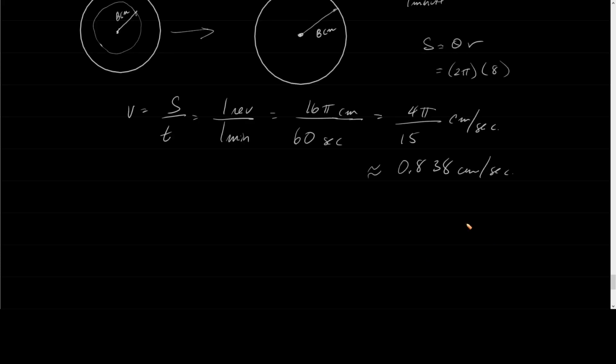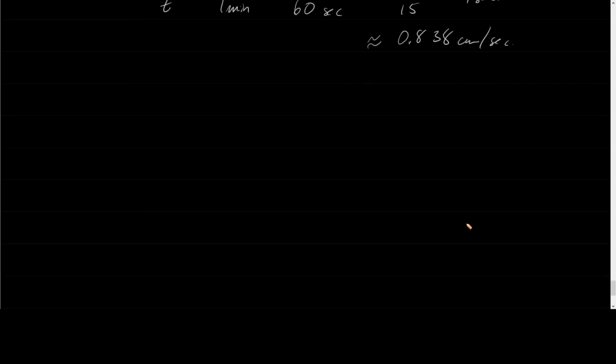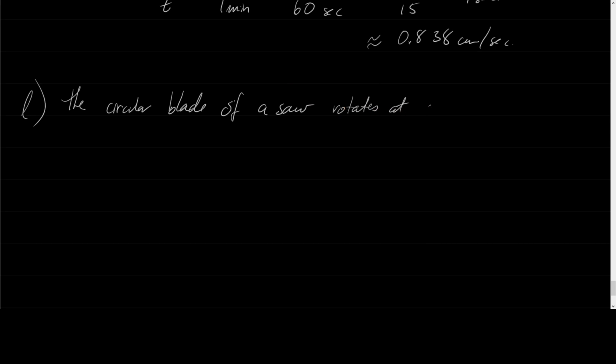Now, let's do another example. That was example K. Example L. Let's say that the circular blade of a saw rotates at 2400 revolutions per minute.